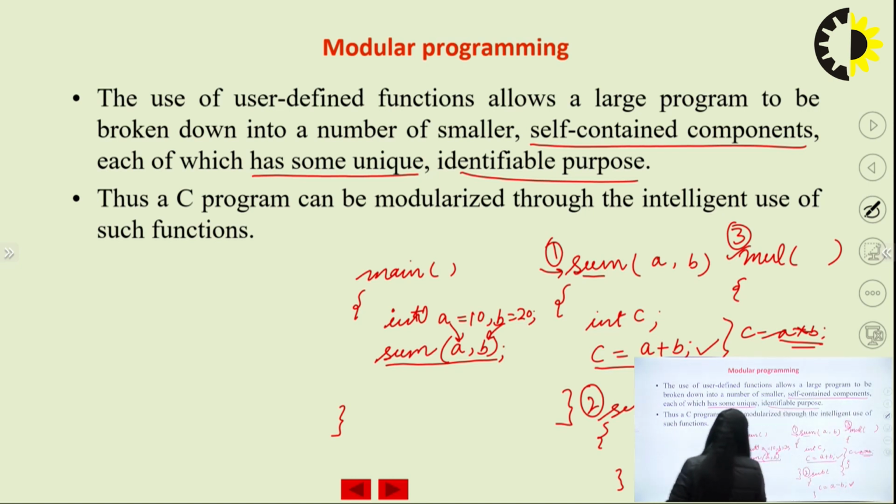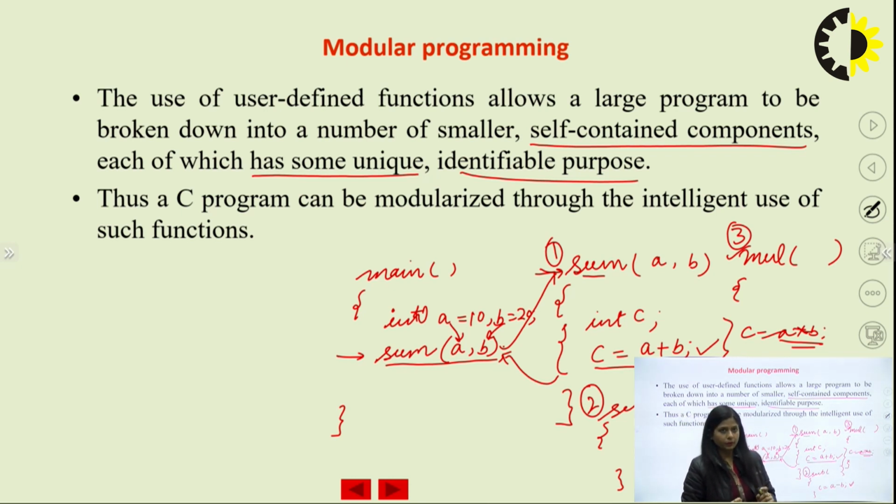Suppose we are calling sum from the main. Whenever we call a function, control will be transferred immediately to its definition. Then all of these statements will get executed. Once the task has been completed by this function, control will be returned to the calling function only. Control from the called function will be returned to the calling function.